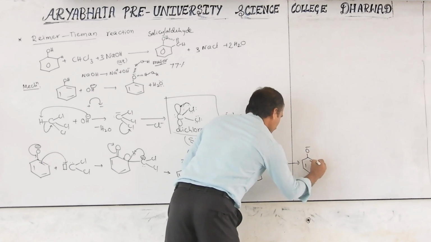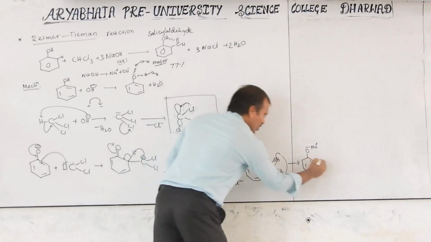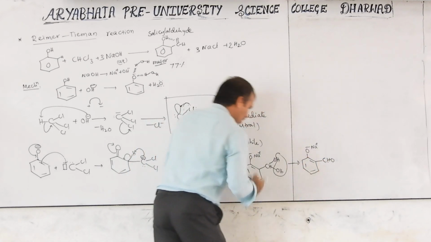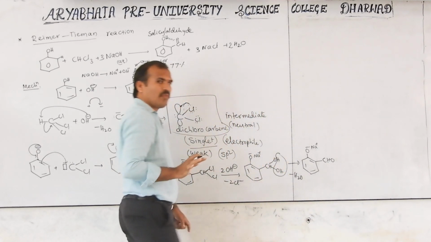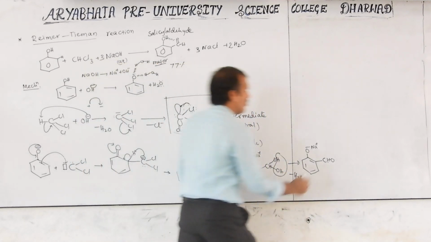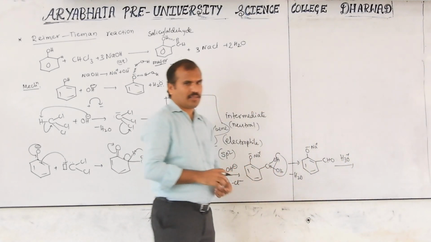O minus, Na plus, and here when the water molecule leaves, what is left here? CHO. And minus H2O. At the last step, we add some dilute acid.